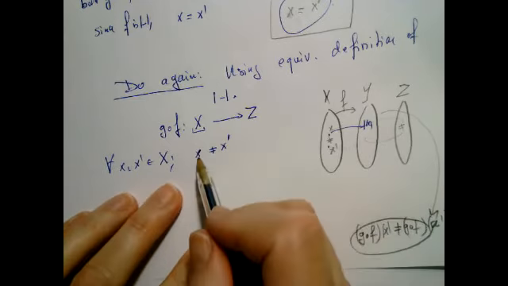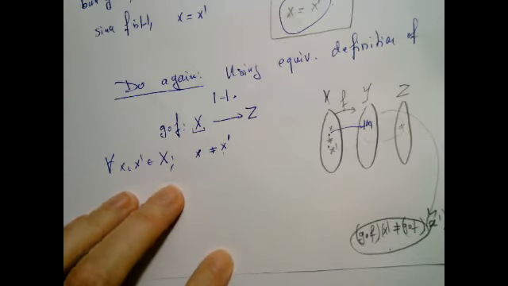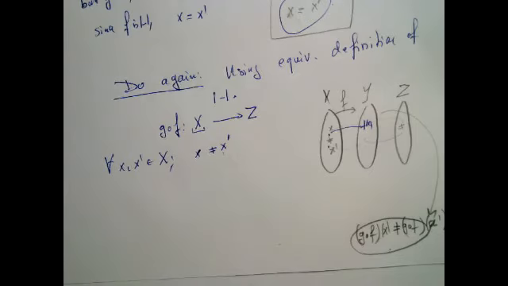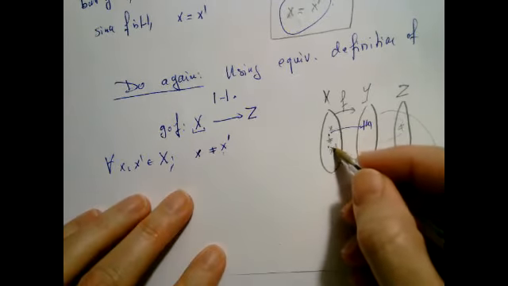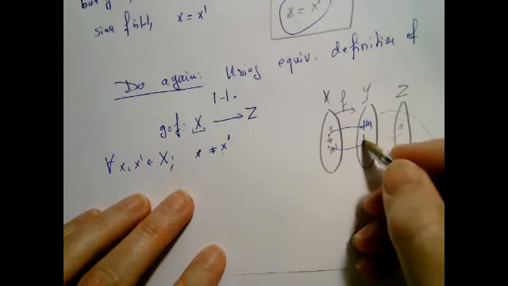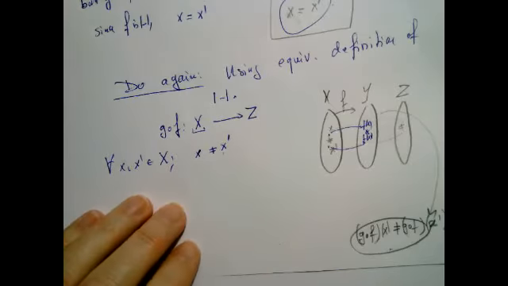So I'm assuming those are different, and I want to show that under G composed with F, the output will be different. I'm doing the same thing basically, but I want to use both definitions for the first time. So if X is different from X prime, because F is one-to-one, those have to be different from each other.